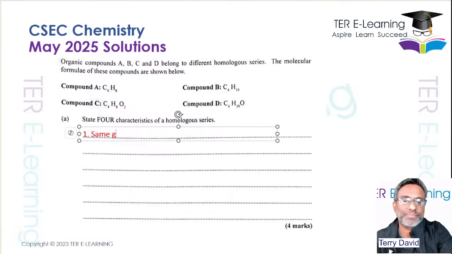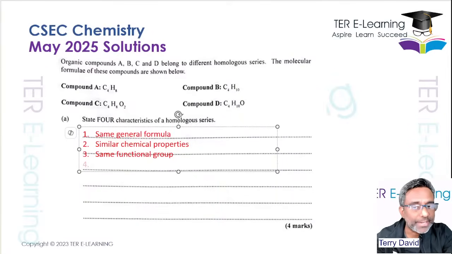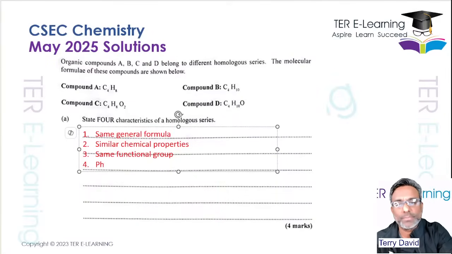Same general formula, similar chemical properties, same functional group. What am I missing again here? Physical properties vary with the number of carbon atoms.